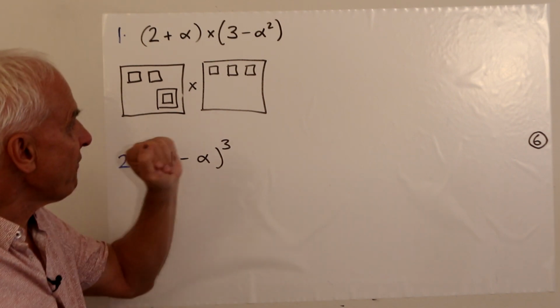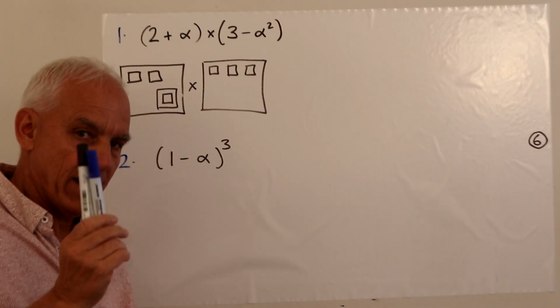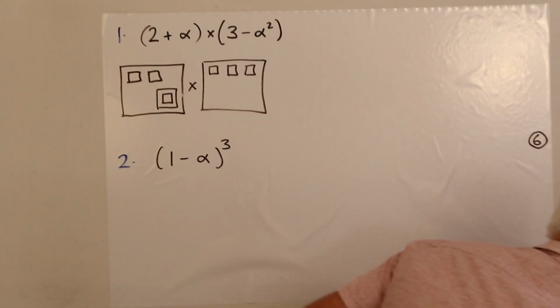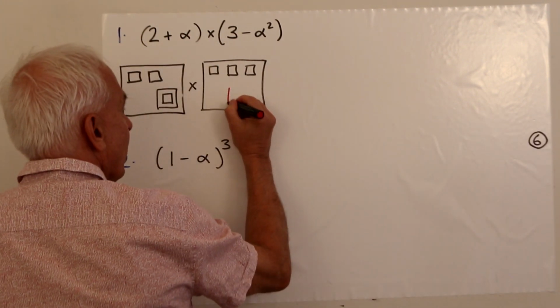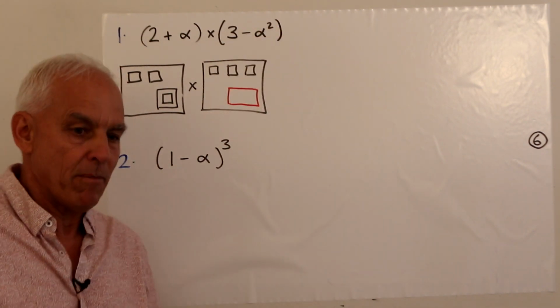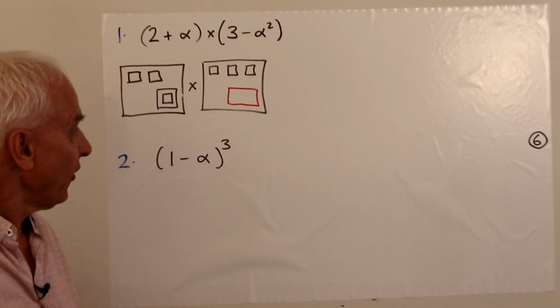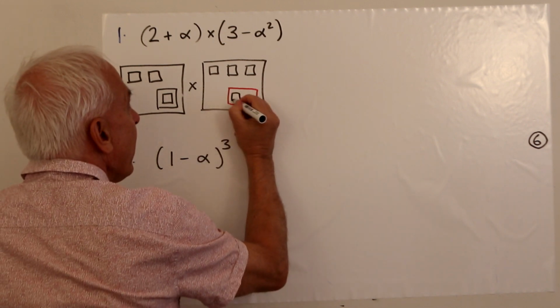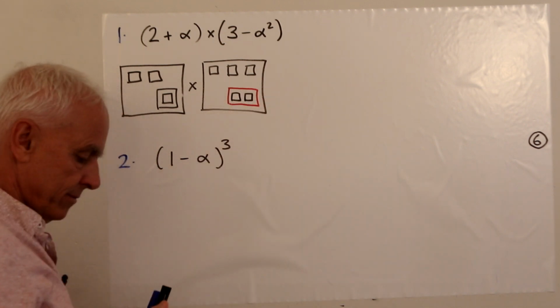But we have a minus alpha squared. So I actually need to change colors and introduce a red box because we have a minus alpha squared. So I'm going to put a box here and a box here. Have a look at this.